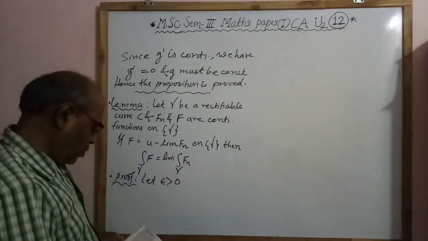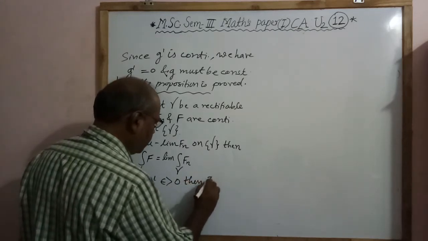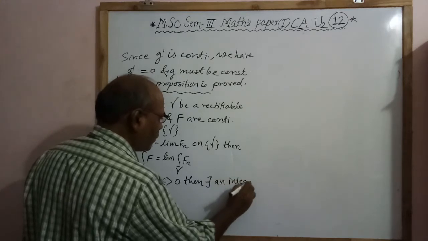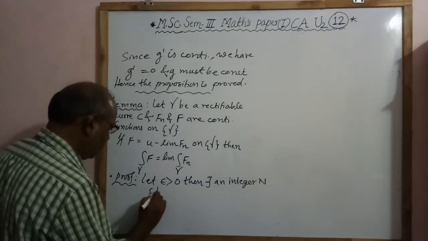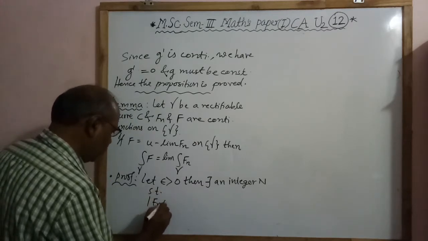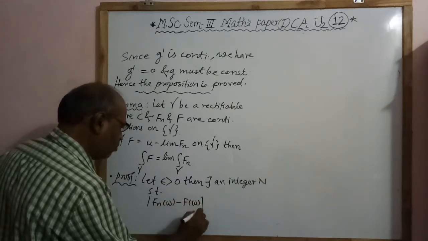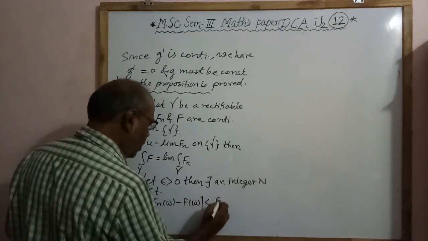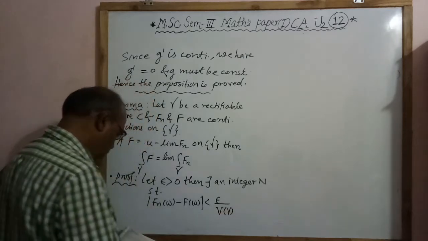Let epsilon be positive, that is greater than 0, then there exists an integer N such that mod of fn of w minus f of w is less than epsilon divided by the length of gamma.